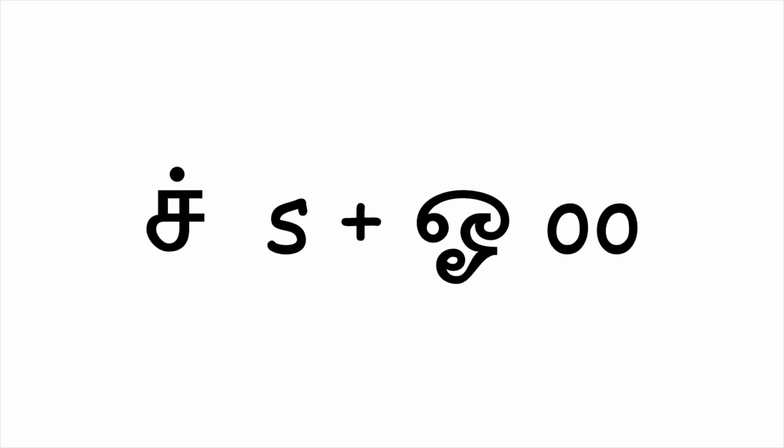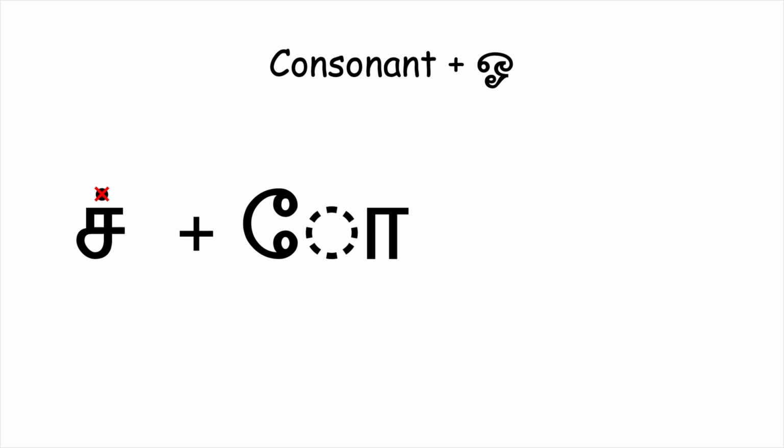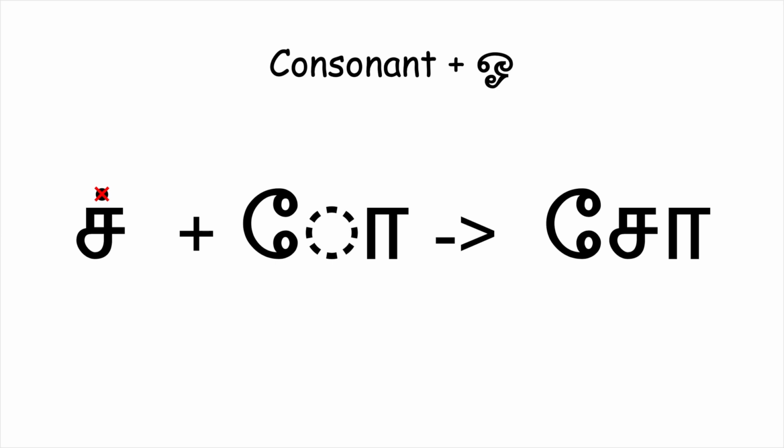This is the letter so. It's formed from uch plus o. The pattern which applies to the consonant plus o combinations is to get rid of the dot and add these two patterns to the front and back. So when we apply this to uch, we get saw.